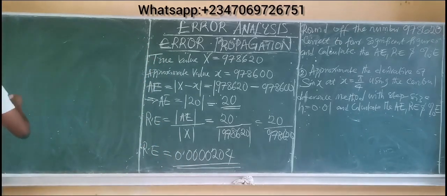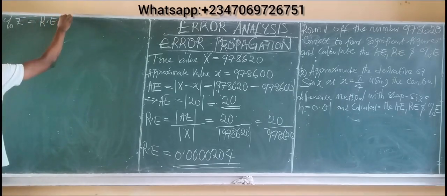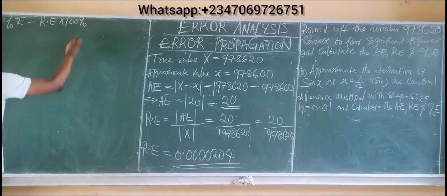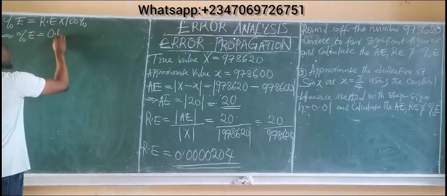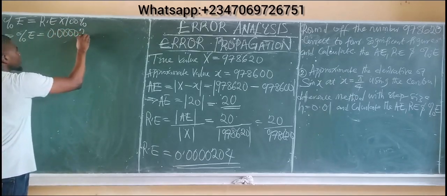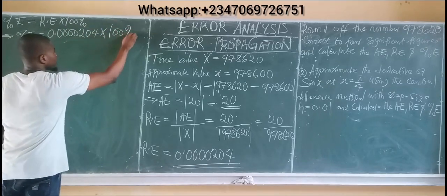Finally, we are asked to calculate the percentage error. So the percentage error, we said it is simply going to be the relative error multiplied by 100%. So this simply implies that our percentage error is equal to our relative error on the board, 0.0000204, multiply this by 100%.